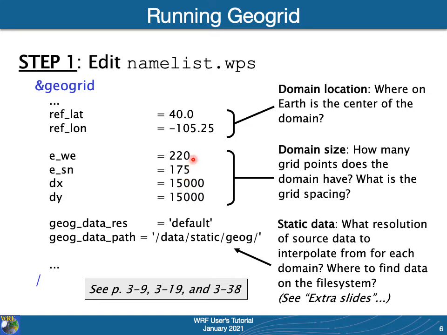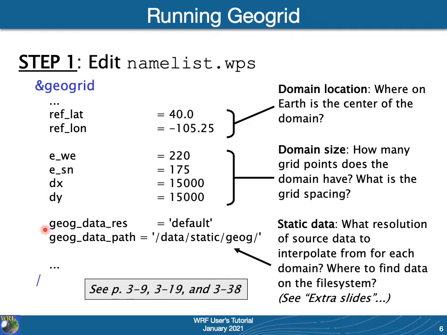We can then specify that our domain has 220 velocity staggered points in the west-east direction and 175 velocity staggered points in the south-north direction. So we can estimate the expanse of our domain by multiplying the number of points times the spacing between them in both the west-east and south-north directions. Although we have different parameters for the delta x and delta y values, we generally always set these the same.